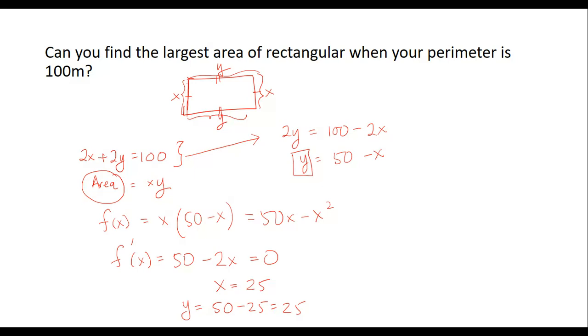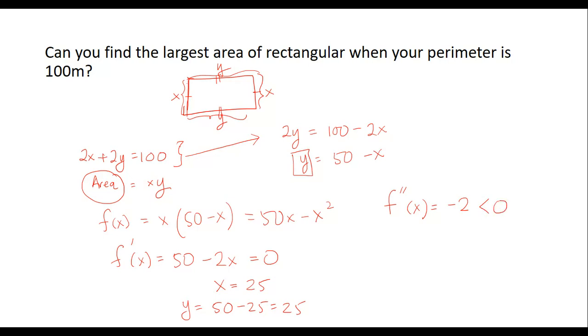But my question is actually to find the largest area, and largest means the same as maximum point. So we test. My f prime earlier is 50 minus 2x. Now we test my f double prime, which is just minus 2. And minus 2 is less than 0.